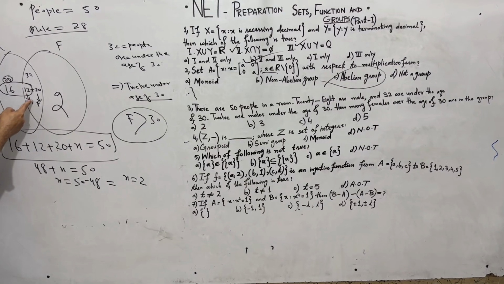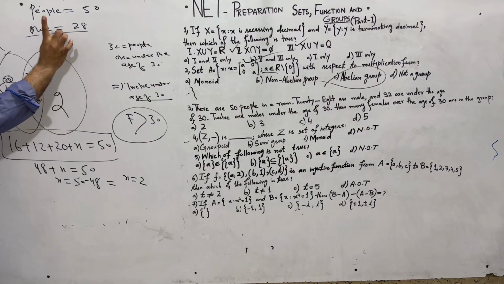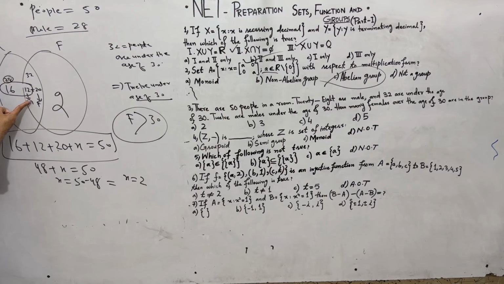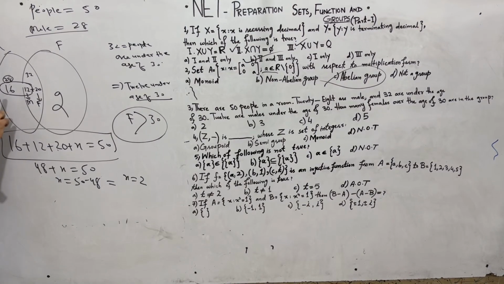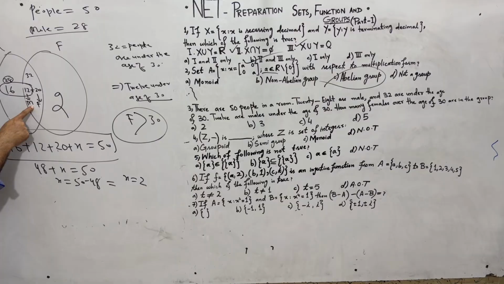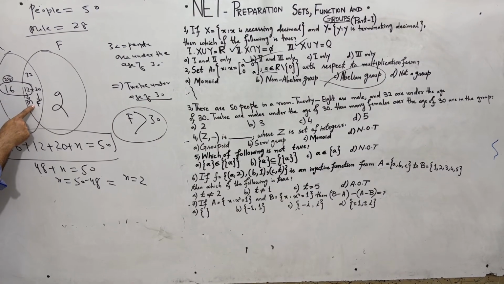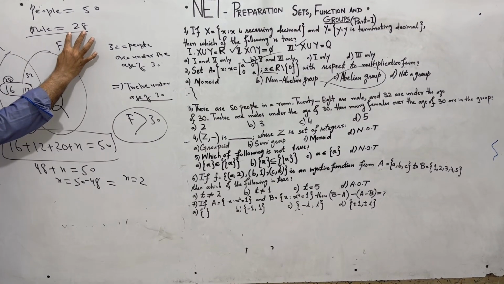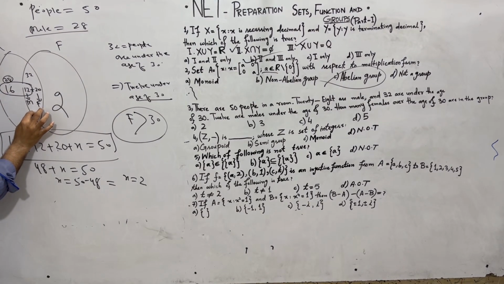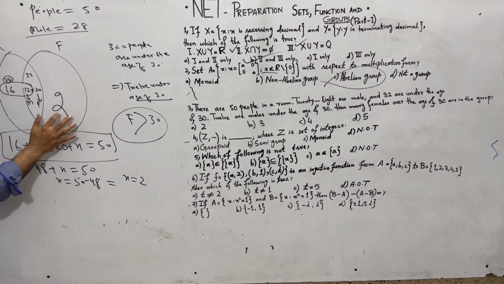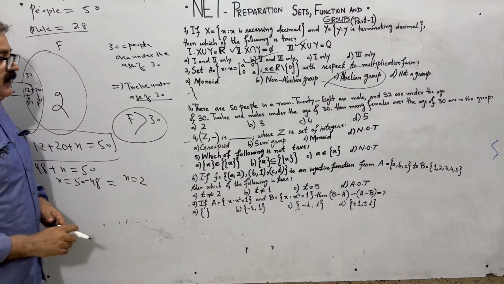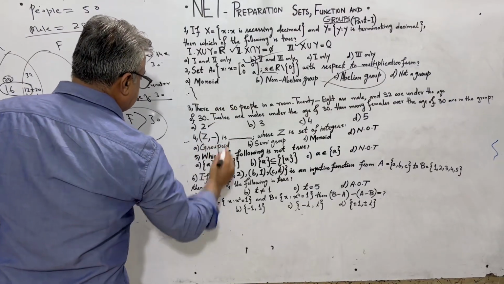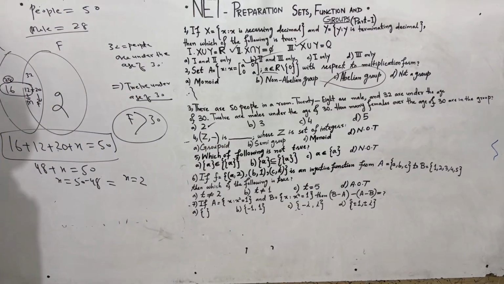Total male members are 28: 12 under the age of 30, then 16 over. Females: 20 are under the age of 30, and 2 are females above the age of 30. We are interested in that, so our answer in that case is 2.